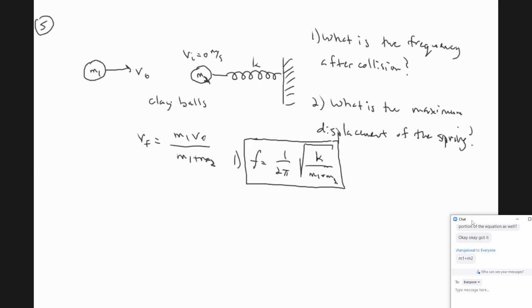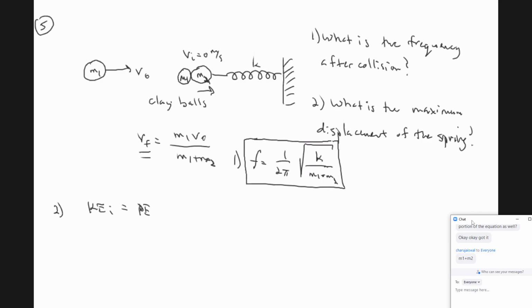And that's your frequency after collision. And the second thing, so after they collide, these two objects are going to stick. And I told you that it's going to be moving with some velocity after the collision. So that means the kinetic energy at the end of the objects colliding problem becomes the new energy for the objects moving in the next energy conservation problem, because you're going to convert all that kinetic energy into potential energy.